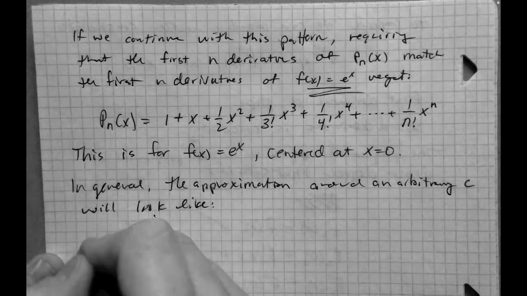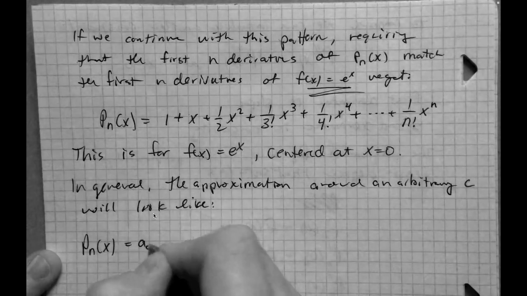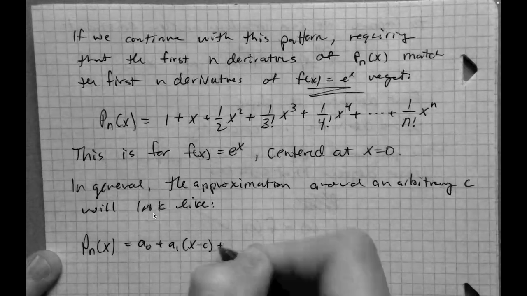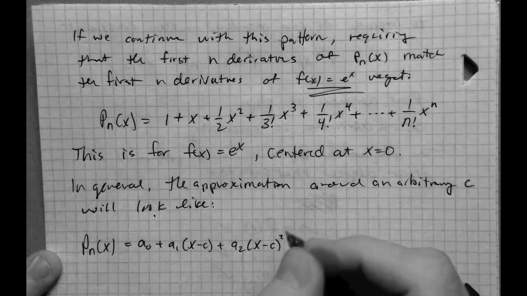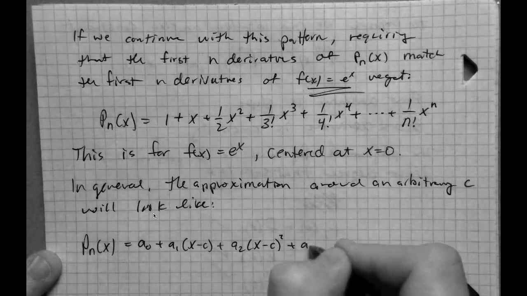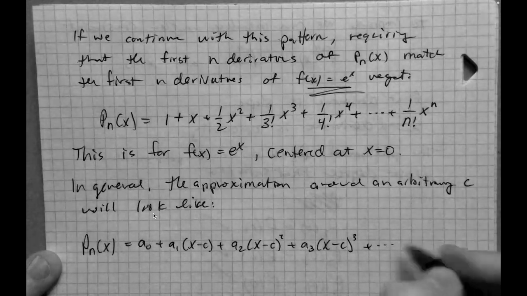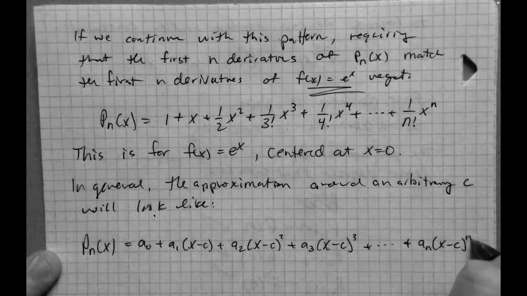p sub n of x equals a0 plus a1 (x minus c) plus a2 (x minus c) squared, right, plus a3 (x minus c) to the third plus dot dot dot, right, plus a sub n (x minus c) to the nth, right?